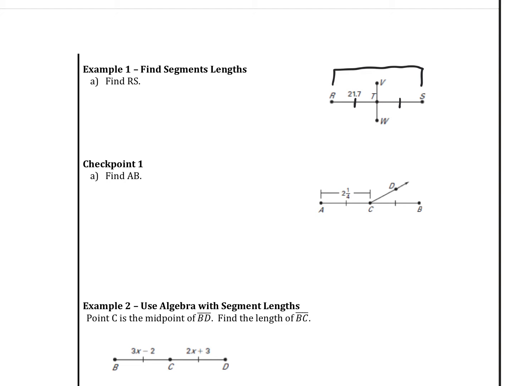If RT is 21.7 and TS is congruent to that, what's TS going to be equal to? 21.7, okay? So the whole length, how do we find the whole length? What are we going to do? Well, we're going to add them up, or multiply by 2. We're going to do 21.7 times 2. You can do 21.7 plus 21.7, which equals 43.4, and that's going to be your answer.